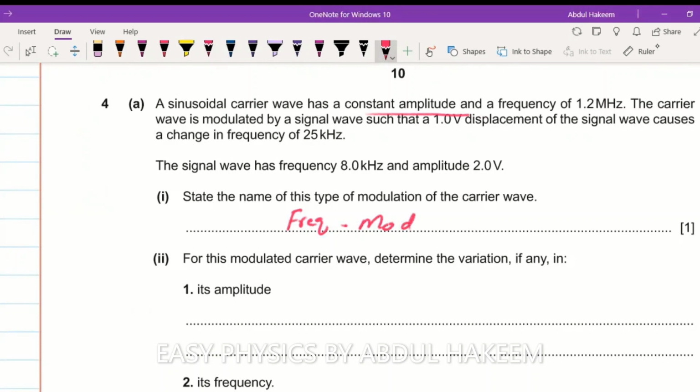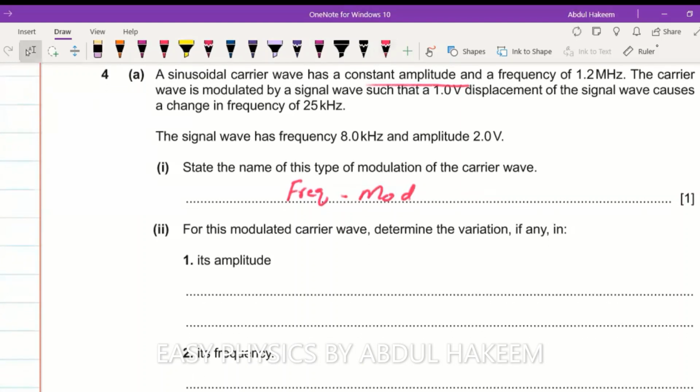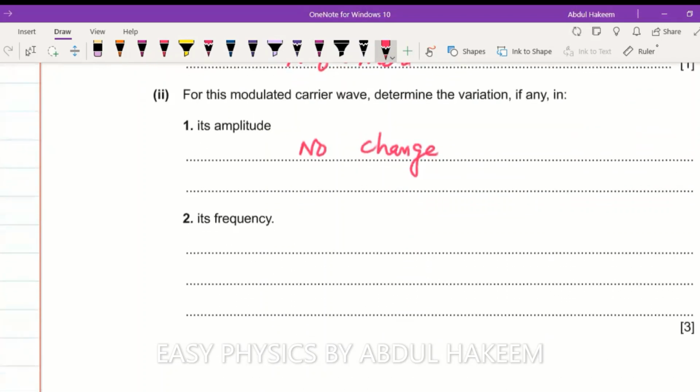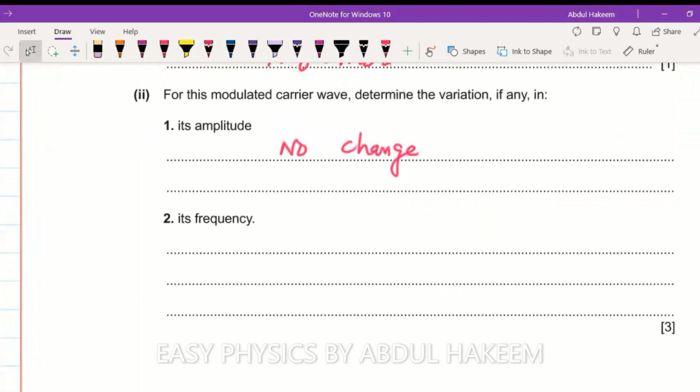And for this carrier wave, determine the variation, if any, in the amplitude. No variation, no change, because it is written amplitude constant. No change, meaning 0. And its frequency. So in frequency modulation, the frequency is changing plus minus 50 kilohertz.